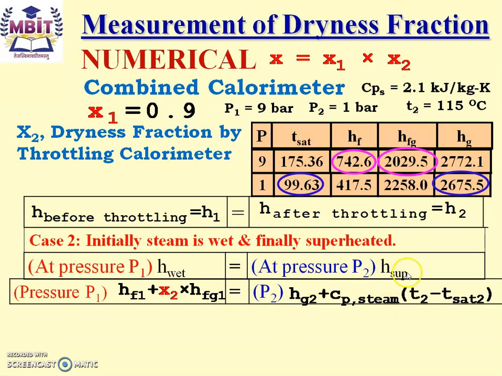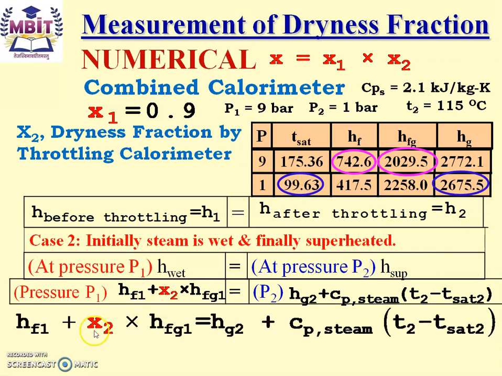Now at pressure P2, H sup equation is hg2 plus Cp of steam into T2 minus Ts2. hg2 and Ts2 can be taken from the steam table at the pressure after throttling, that is 1 bar. So that is my equation, and here x2 is unknown to us, so we can calculate x2.